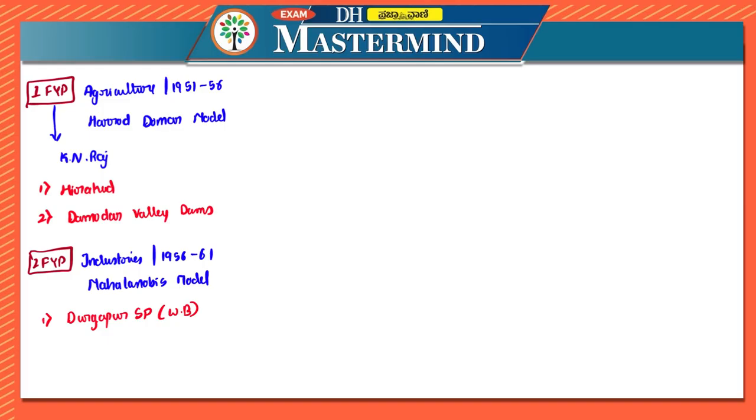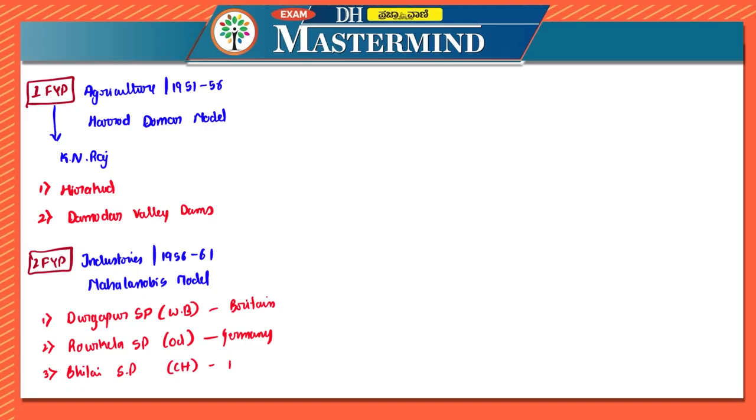It was started by Britain. And then there is the Rourkela steel plant. This was in Odisha. It was by Germany. Third one was the Bhilai steel plant. It was in Chhattisgarh.